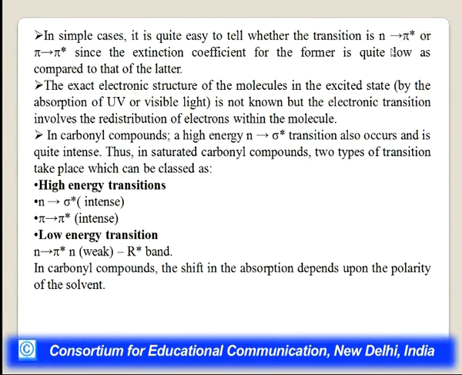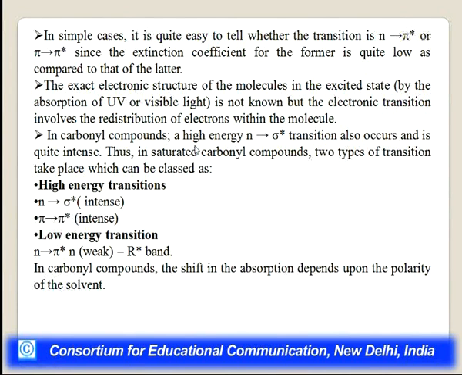In simple cases, it is quite easy to tell whether the transition is non-bonding to pi star or pi to pi star, since the extinction coefficient for the former is low as compared to that of the latter, that is, pi to pi star. The exact electronic structure of a molecule in the excited state by the absorption of ultraviolet or visible light is not known, but the electronic transition involves redistribution of electrons within the molecule.